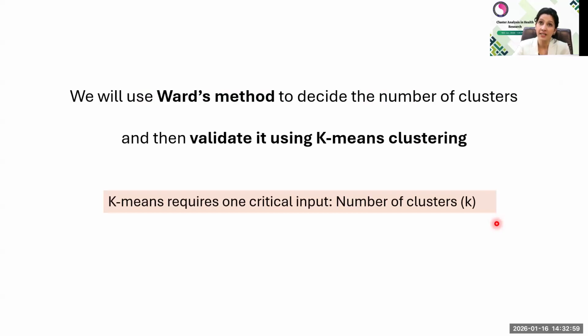Then we will validate: once you decide on the basis of the dendrogram, you use k-means. K-means is a type of partitioning method where you have clear-cut clusters, and in the input you give the number of clusters to decide the clear-cut clustering.